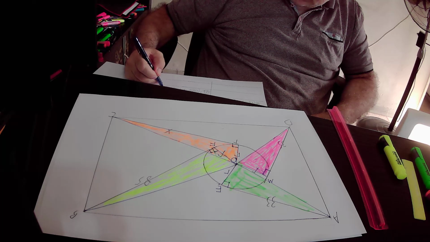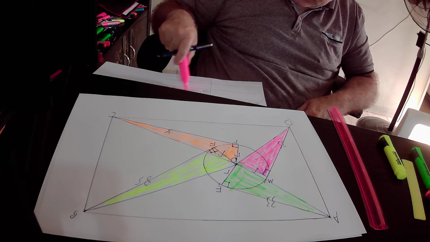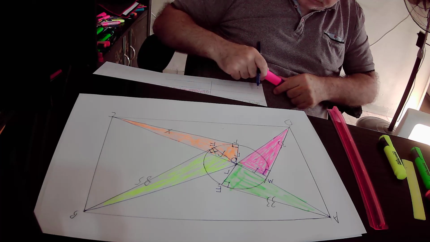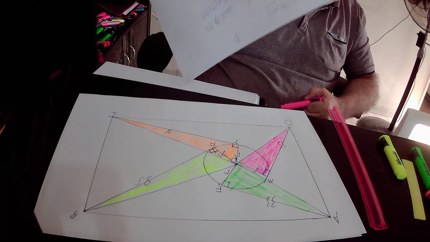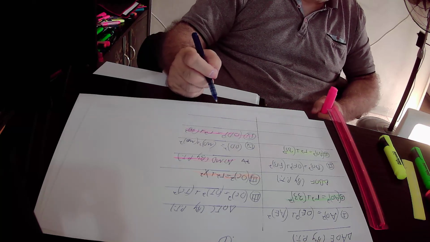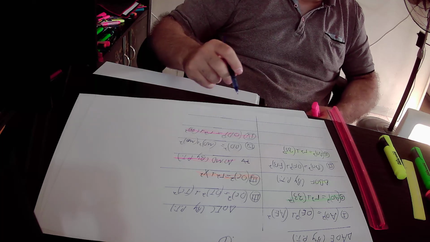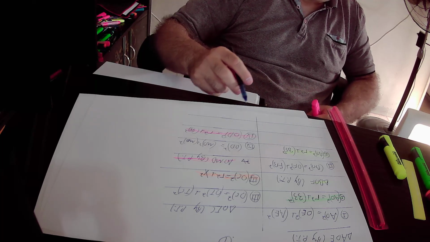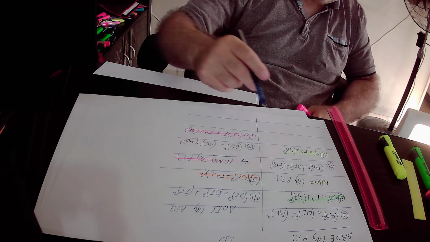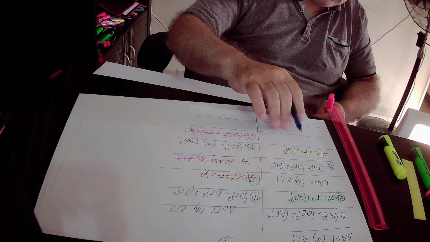So in conclusion, we found out that according to equation number 4, OD squared equals R squared plus 35 squared. In the next step, I will copy the 4 equations that we created here by Pythagoras theorem in a new page.